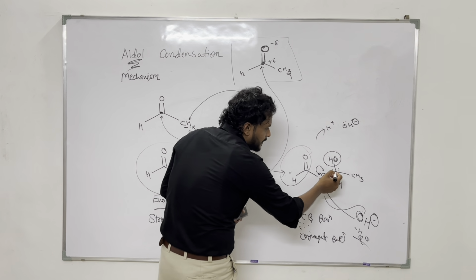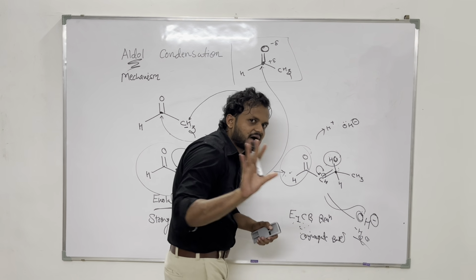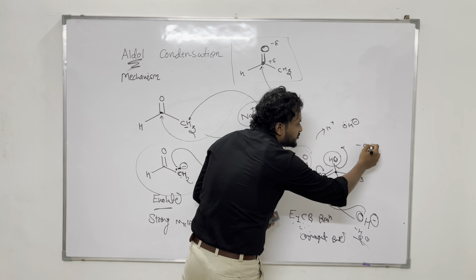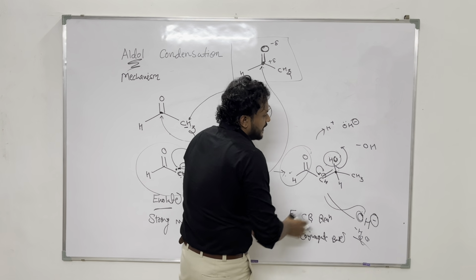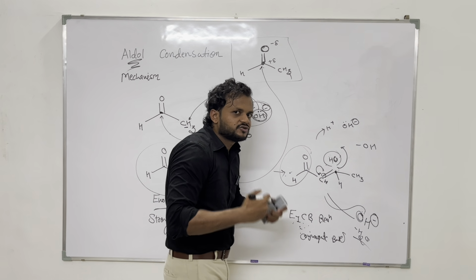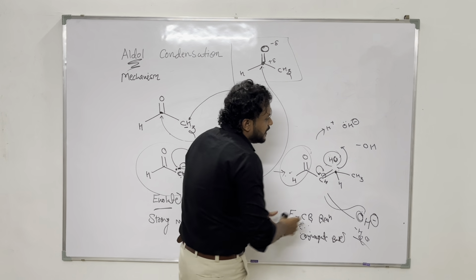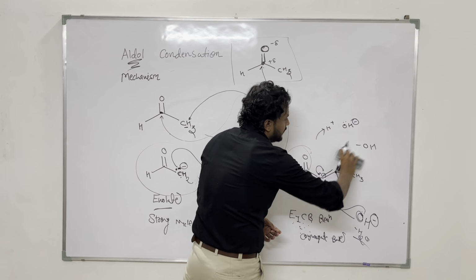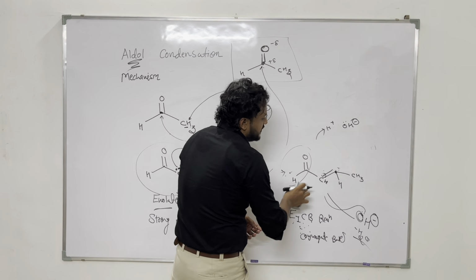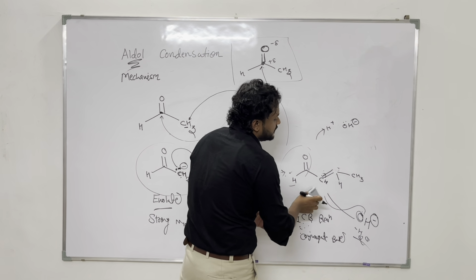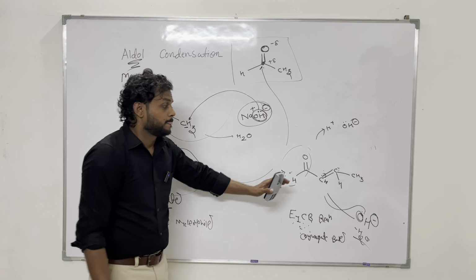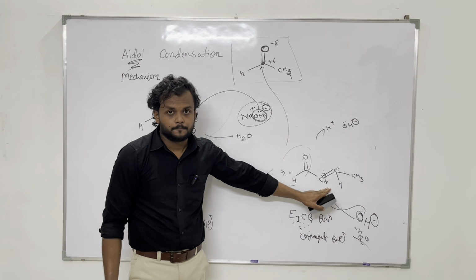Then this carbon becomes unstable with five valency, so the compound will kick off that OH, and OH will leave. When this bond breaks, the electrons go with oxygen because of its higher electronegativity, and now this carbon is stable, and we have our final product, which is an alpha beta unsaturated carbonyl compound.